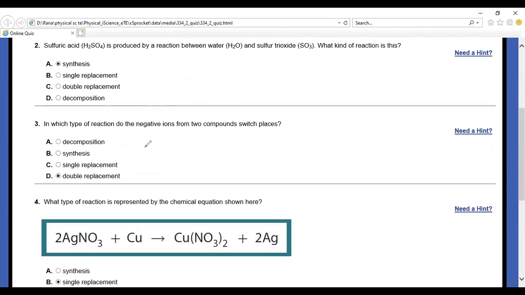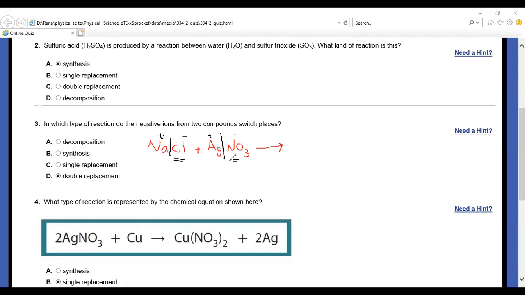Say NaCl reacting with AgNO3. As we said before, any compound is made of two parts, the positive part and the negative one. Do you remember? Yes. So here, this part represents the negative ion in one compound, and that part represents the negative ion in the other compound. So let's switch places.